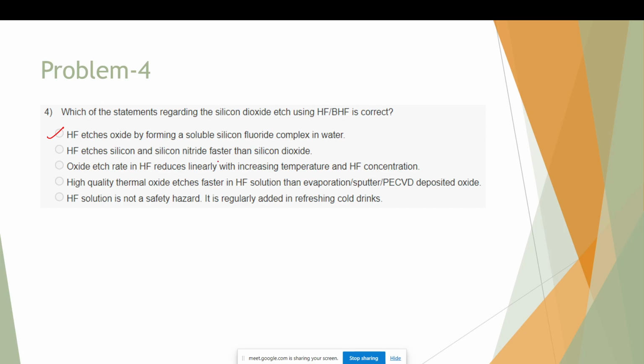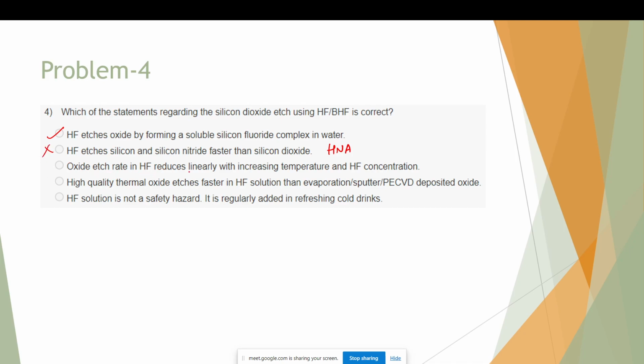This is not correct. In fact, it is not able to oxidize silicon, and that's why we use the HNA method: HF, nitric acid and acetic acid. Nitric acid oxidizes silicon, and then HF is used to remove SiO2. So this is definitely not correct.